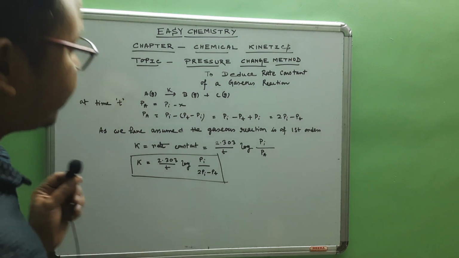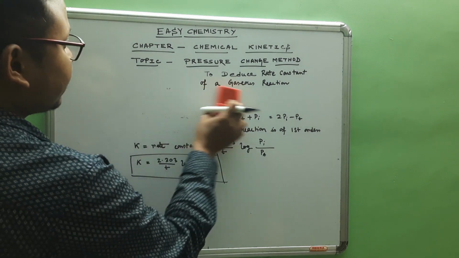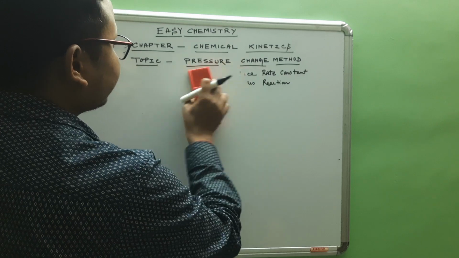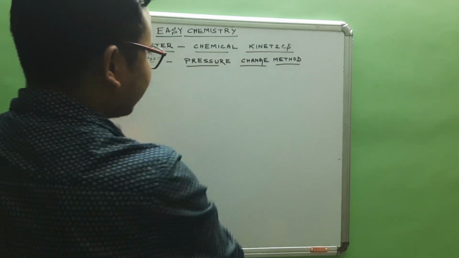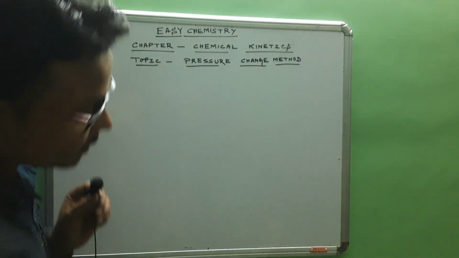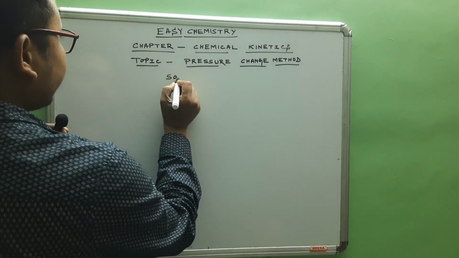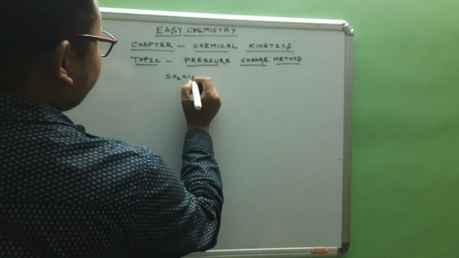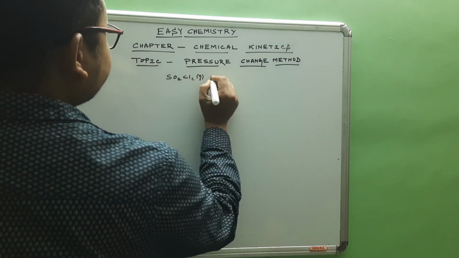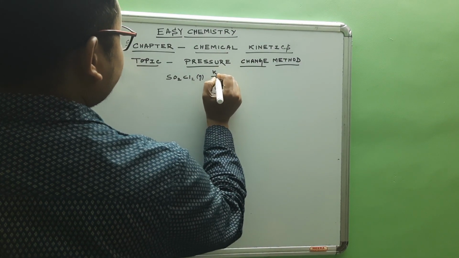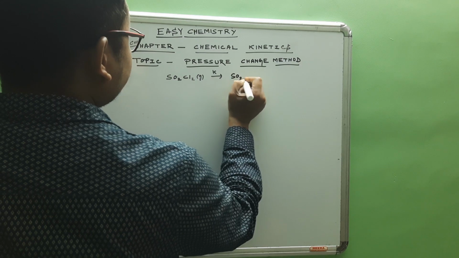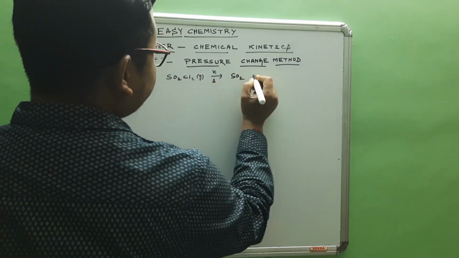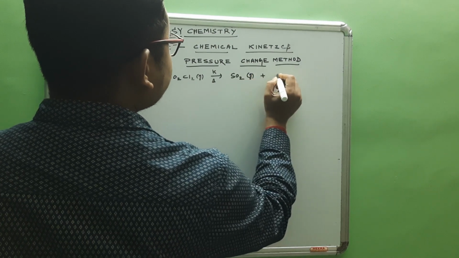So the question is, the equation is given: SO2Cl2 in gaseous state, and the rate constant is K, and on heating it gives SO2 plus Cl2.